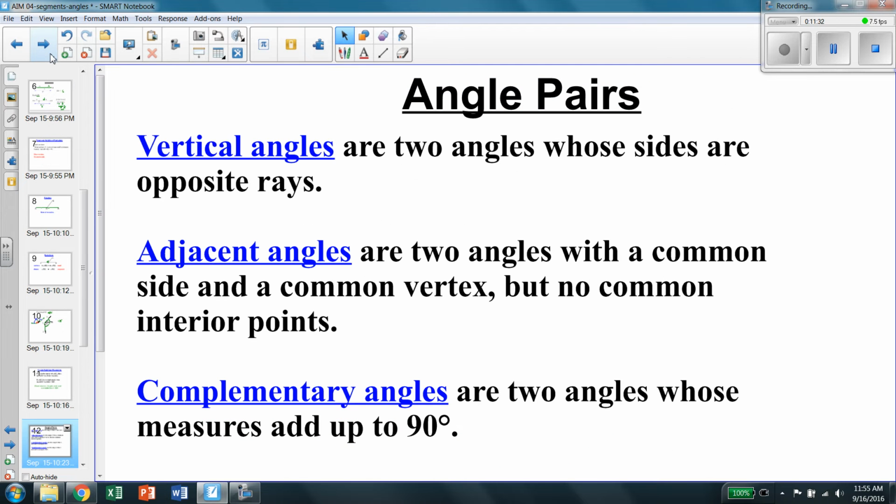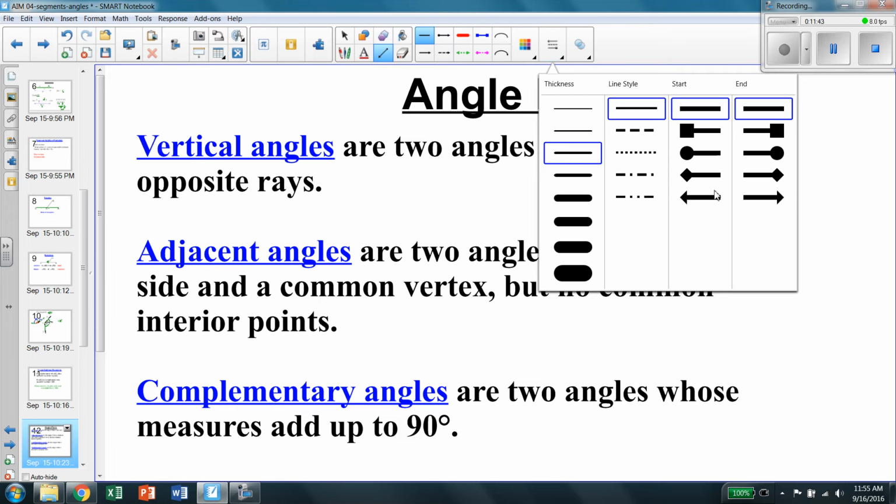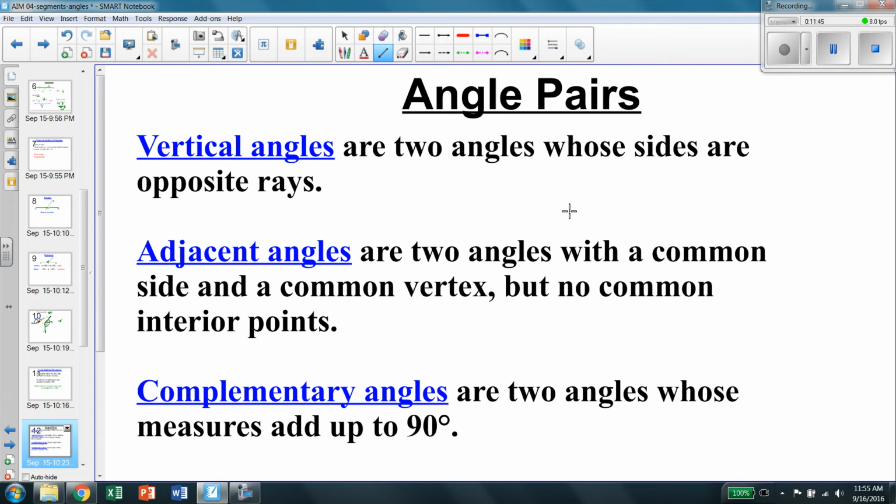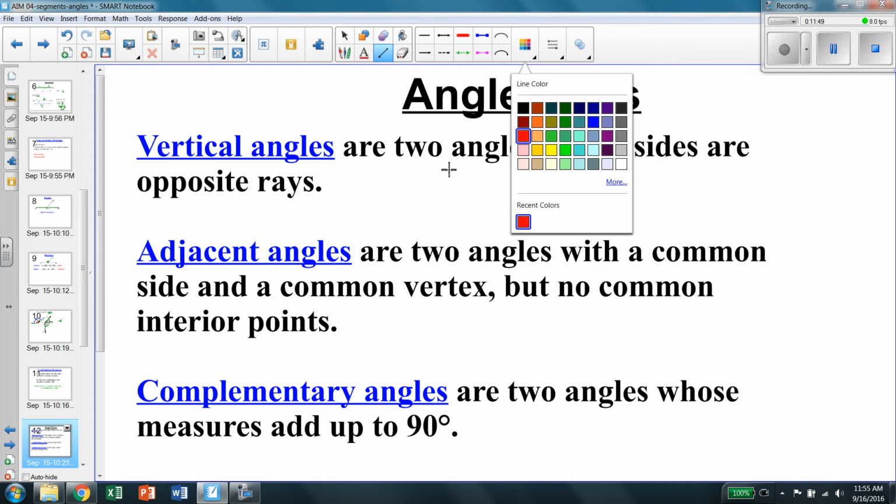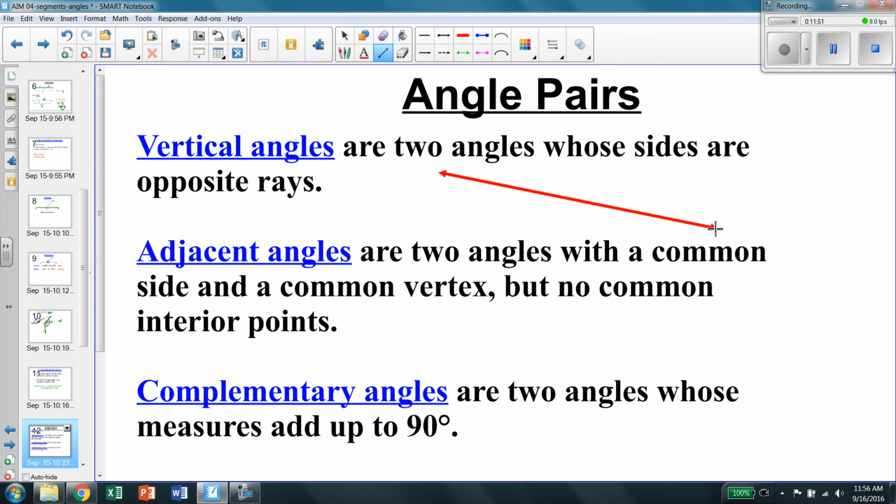Cool. There are some really important angle pairs we're going to be using a lot this year. One of them is vertical angles. So if I had, let's put some lines here. Let's change the color, make it pop a little bit. If I had two intersecting lines, vertical angles are on opposite sides.